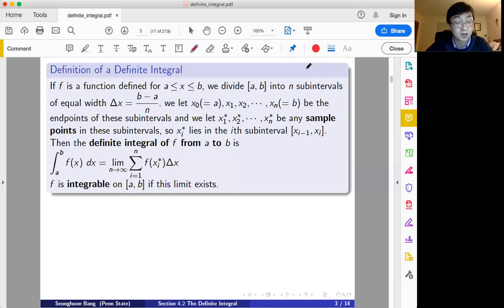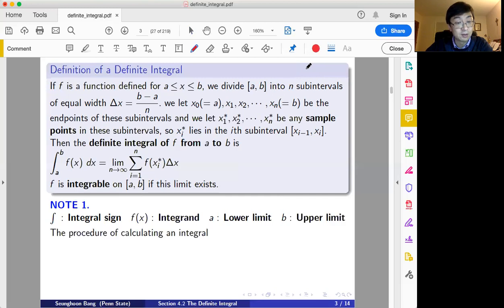This is another definition. The first note is about the notation. This is the integral sign, and f of x is the integrand. The a is the lower limit, b is the upper limit. The procedure of calculating an integral is called integration.